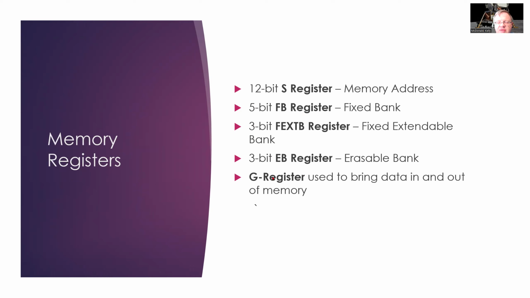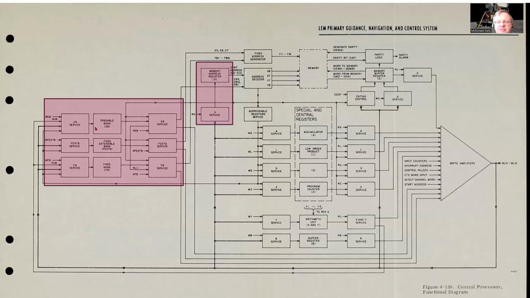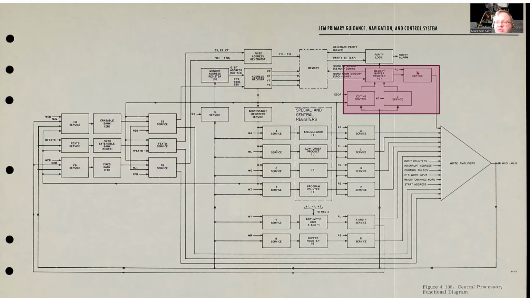That's more what brings data in and out of memory. So these are all related to memory: how we access memory, how we address it, and how we bring data in and out of memory. And this is how that maps to the different components in this diagram here. And then we also talked about the G, which is more for data in and out of the memory.